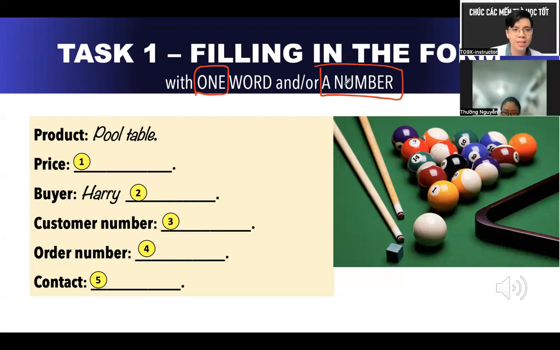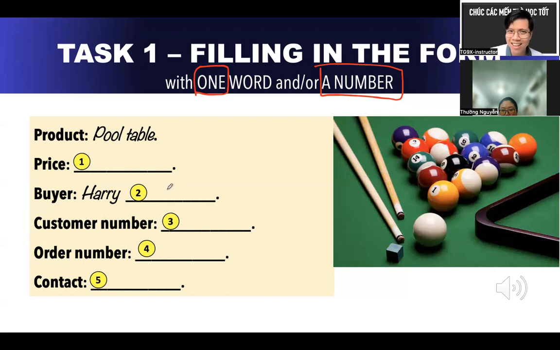The second one is you will not hear the information in order. In other words, you may hear question number 4 first, and then you will know the prize. And then you will know the last name of Mr. Harry something.